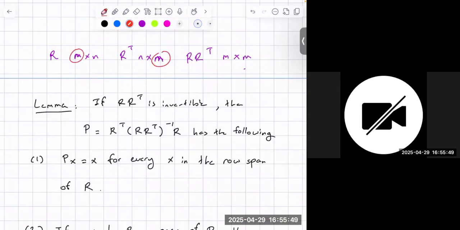For this guy to be invertible, this M should be the rank of my matrix. So that means this M is smaller than N. And rank of your matrix is that M. That's the type of stuff we are talking about.